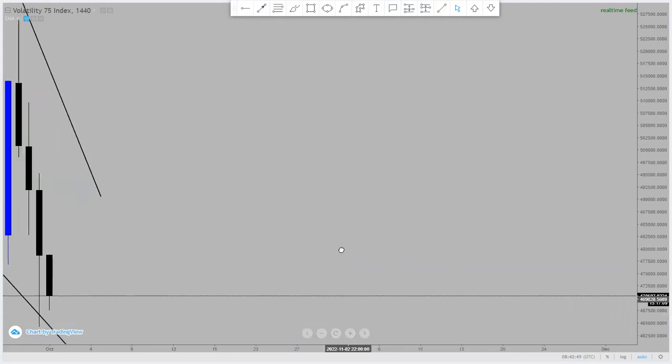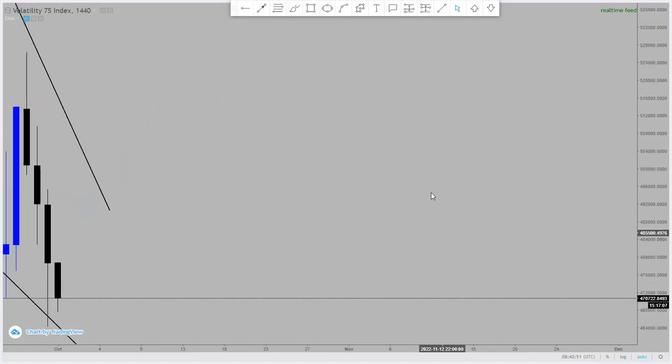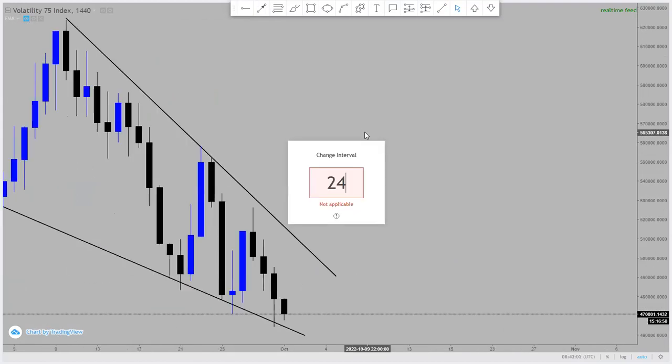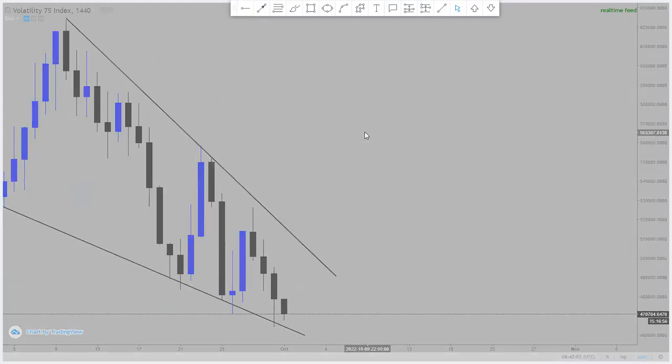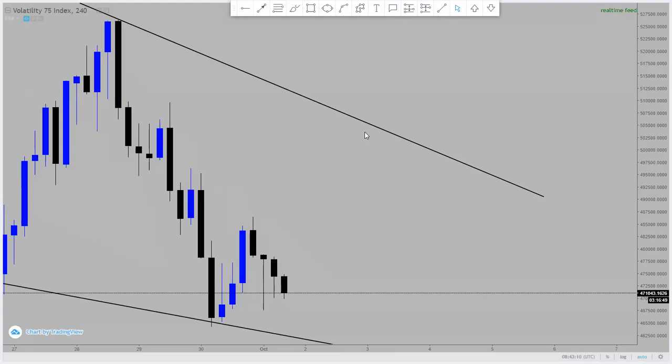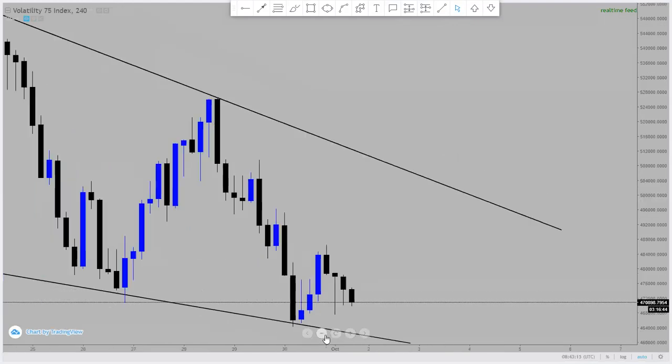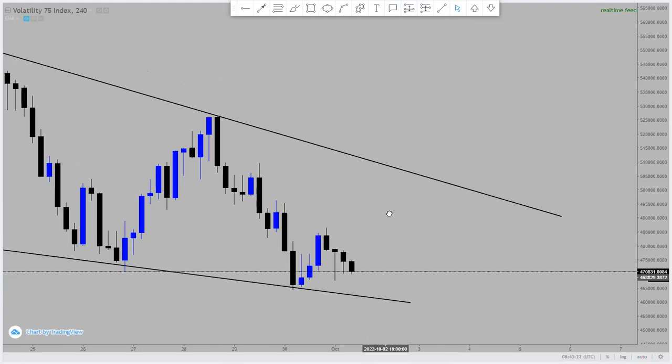After having seen that on the daily, another thing I can do is go to 4 hours. On the 4 hour, you can already see that we have been downtrending based on the daily.